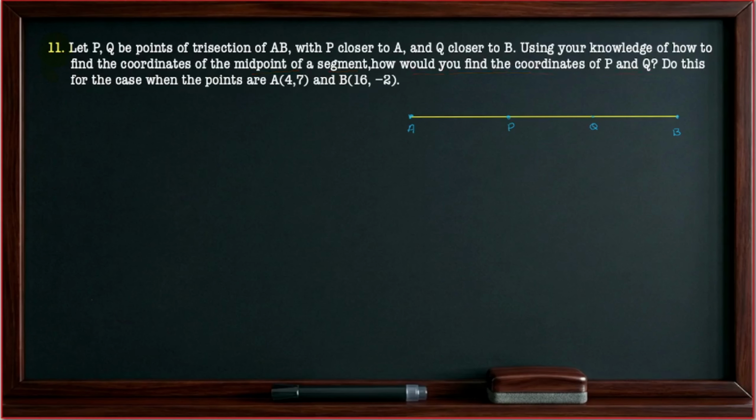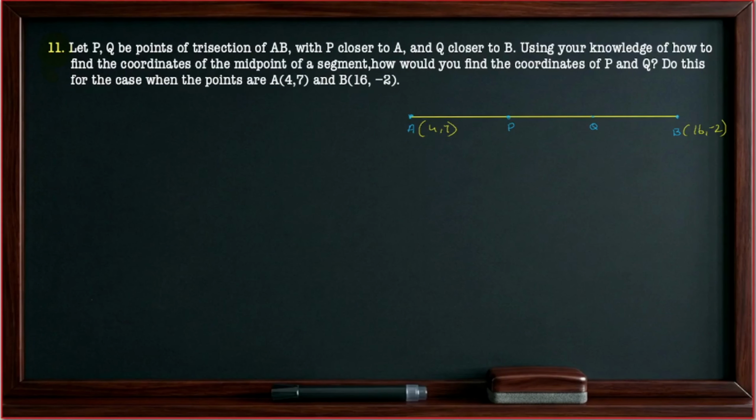So here we have to find the coordinates of P and Q using the midpoint formula. Do this for the case when the points are A (4, 7) and B (16, -2). Here the coordinates are given for A and B. A is (4, 7) and B is (16, -2).